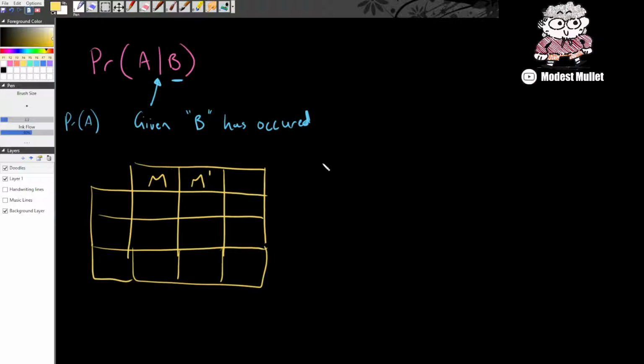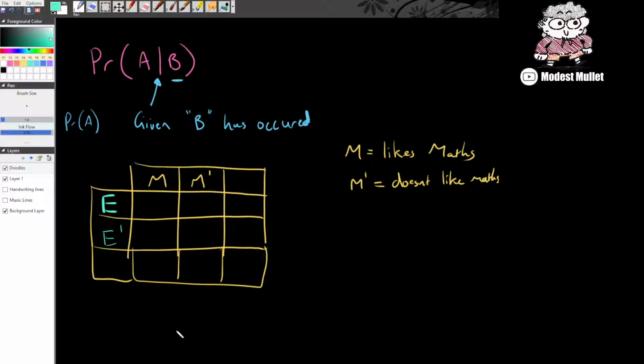So this code M means likes maths, and M dash, as it's also referred to, or complement of M, is doesn't like maths. And we'll use that same sort of idea, and we're going to go with likes English or doesn't like English.